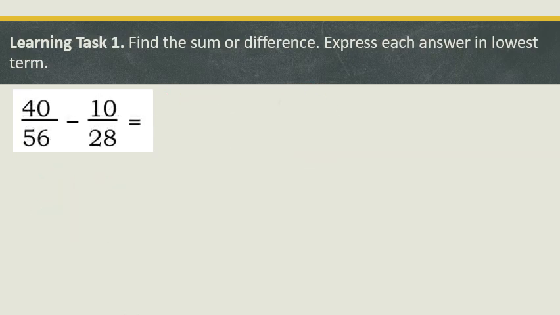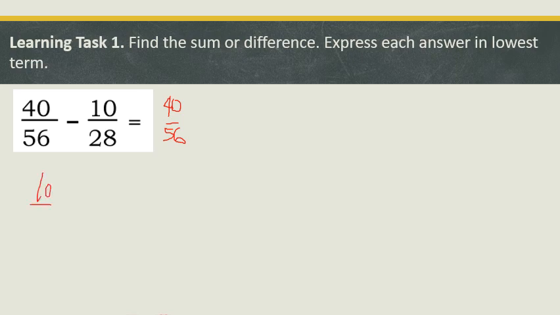Number 3. So, ang 56 at 28 po ay dissimilar. So, hanapin natin yung kanilang LCD. So, ang LCD po nila is 56. So, since 56 na po itong denominator ng una, as is siya, yan pa rin yung kanya. Ang may iba lang is yung 10/28 kasi hindi siya 56 ang denominator.